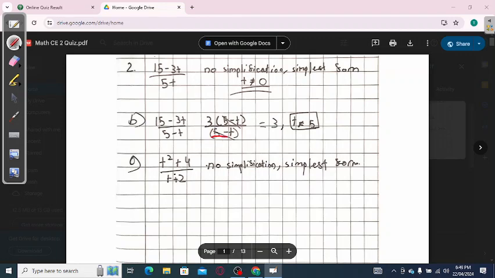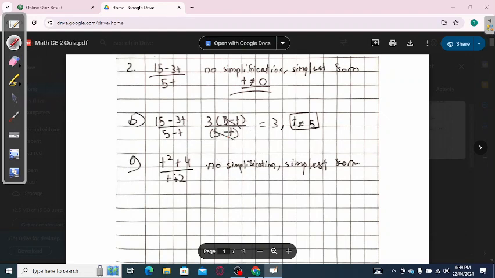You don't go to this one, you go to the one from the start. So what is the condition that would make 5 minus t zero? That would be 5, because it's 5 minus t, so it's not 5 plus t. If it was 5 plus t, then that would be negative 5, but we're subtracting.